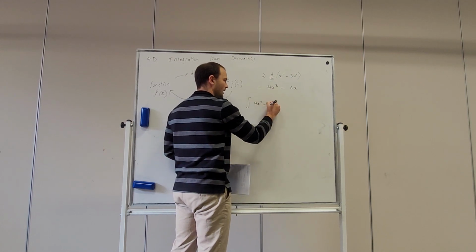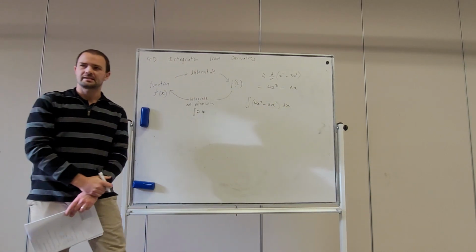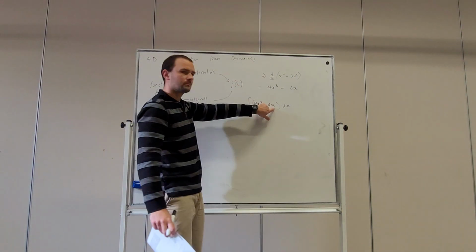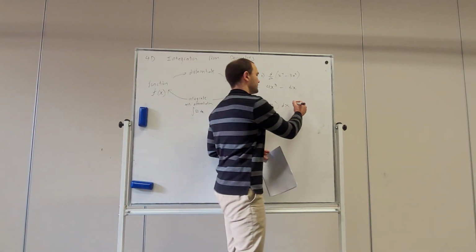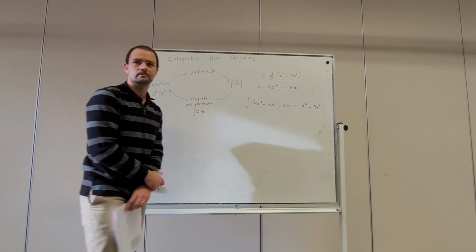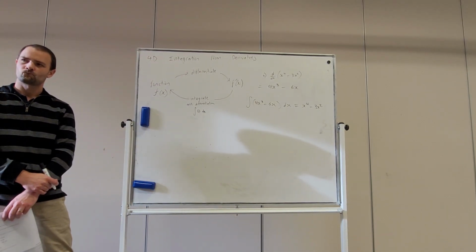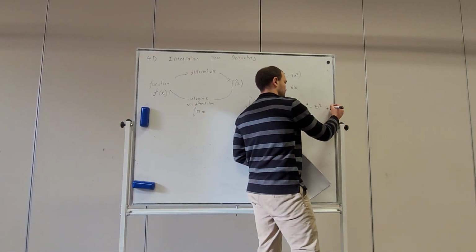Therefore, if we integrate this, we're always integrating with regards to x, so it's the integral of this function, the antiderivative of this function with regards to x, it's going to be this one here, plus c.